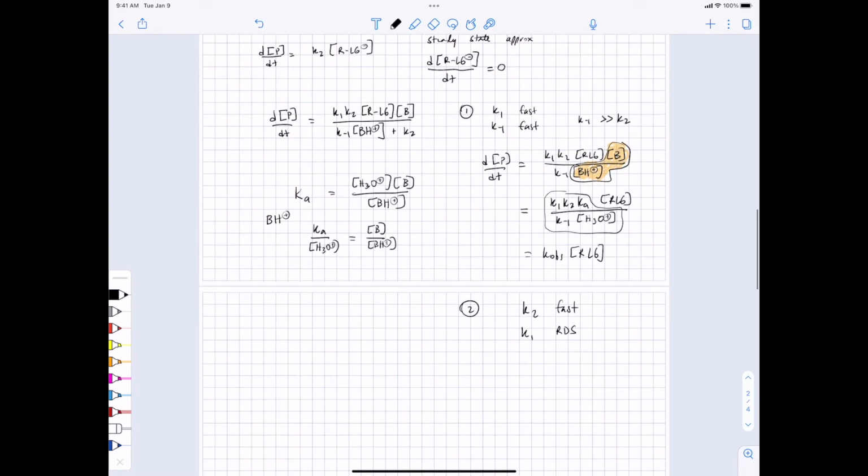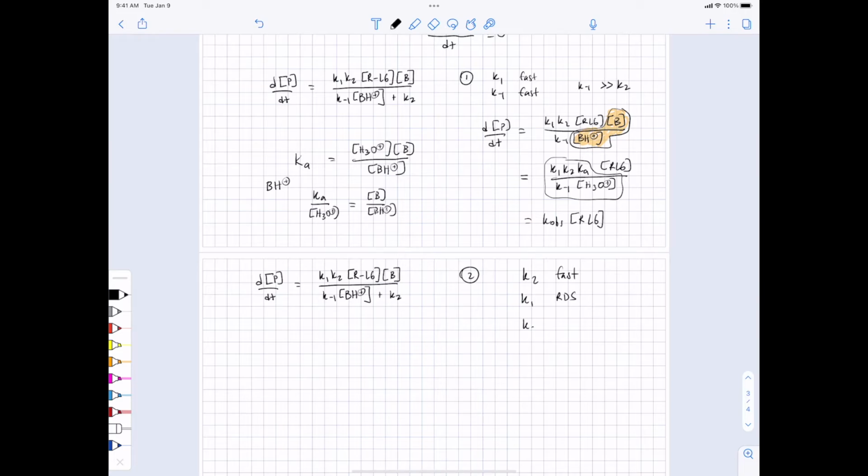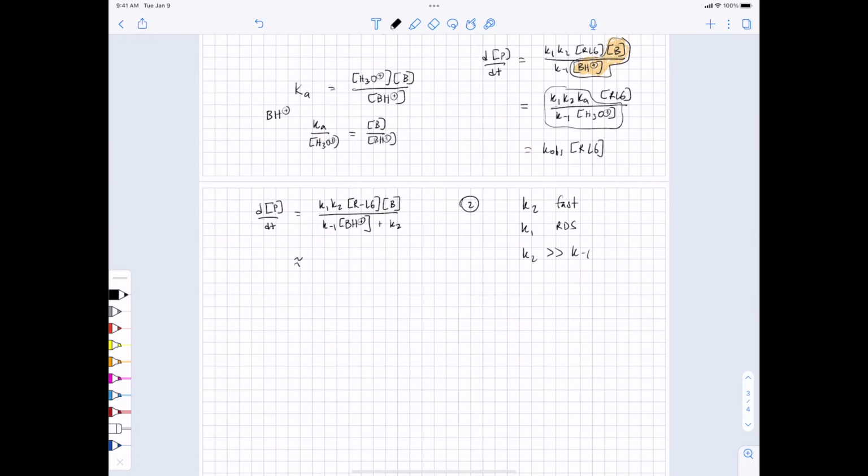If we take our rate law, if K2 is fast, then that means K2 is much greater than K minus 1. So we can simplify that rate law. RLG, B, and then just K2 in the denominator, that cancels out and we get an expression that looks a little bit like an E2 reaction, right?